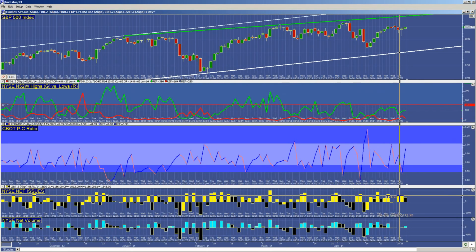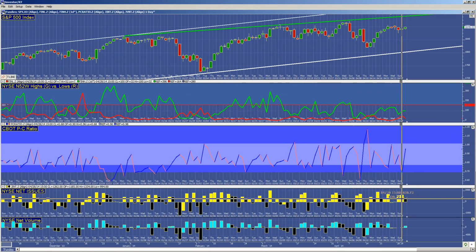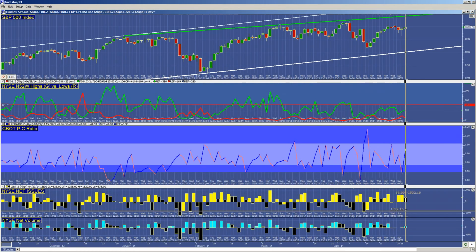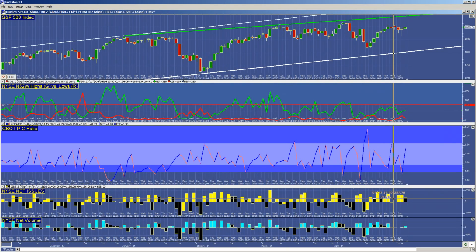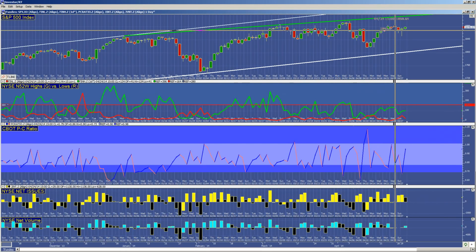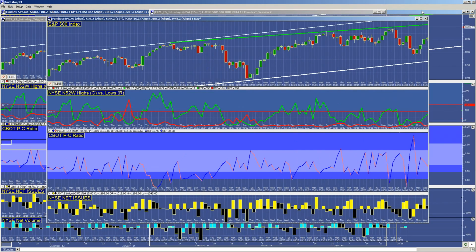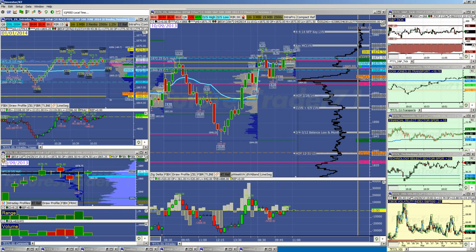Is that increasing, decreasing? And what are the net issues or the advance versus decline on any given day? Is that pushing new highs to confirm the action on the SPX, on the index itself, and so on. So you form an idea of what to expect from the outside in, from the big picture coming in.